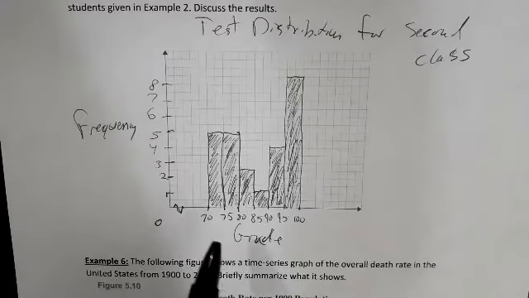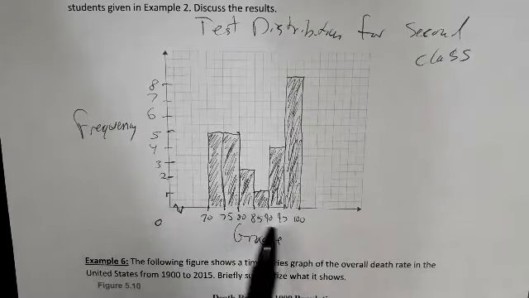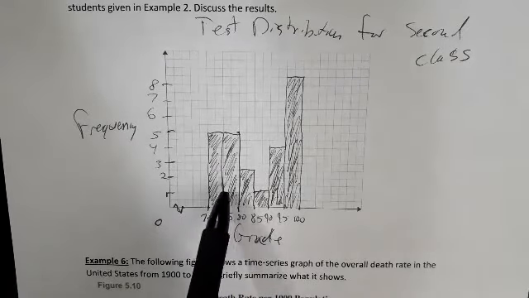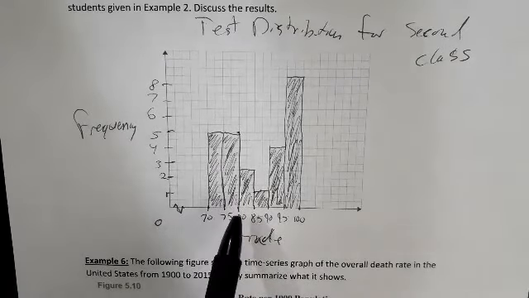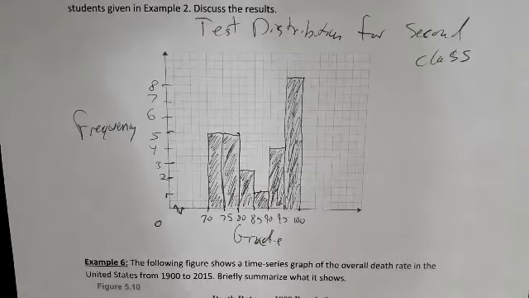It doesn't make sense to have the categories butt up against each other, right? But when we look at these numbers, this is a continuous scale. So if this is a continuous scale, I'm going from this one to this one. There is no gap between 74 and 75, right? There's no test score that you can make that's between a 74 and a 75. They're only giving whole number test scores.